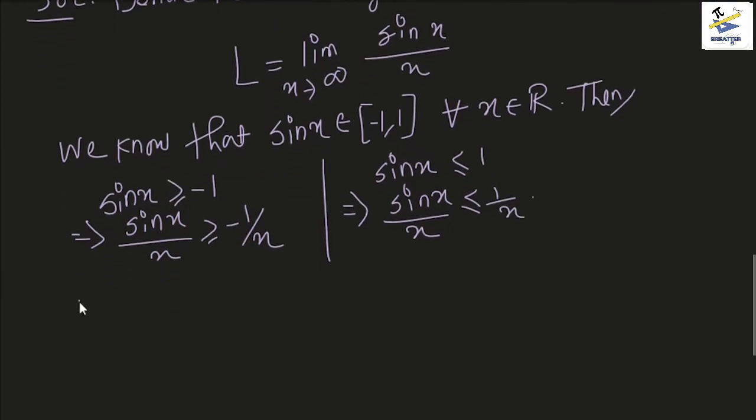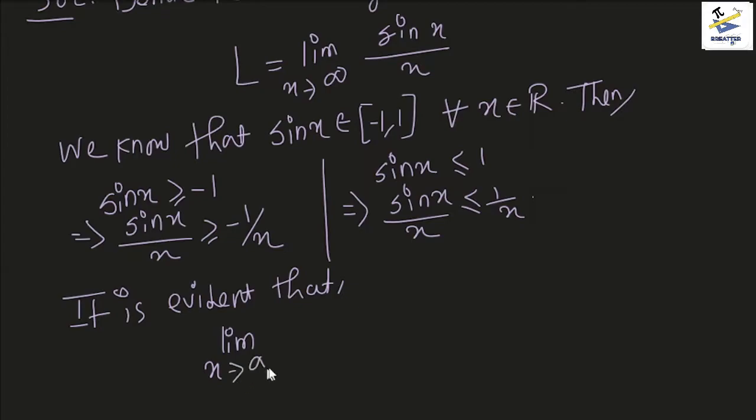It is evident that limit x tends to infinity 1 by x is equal to limit x tends to infinity -1 by x is equal to 0.